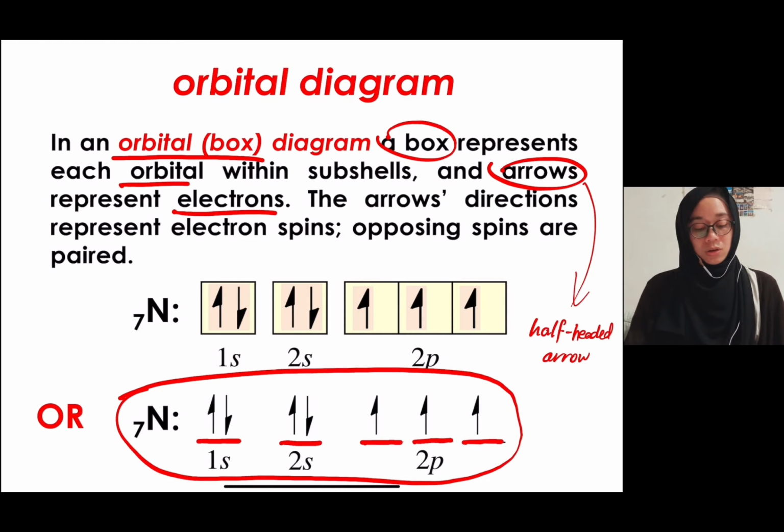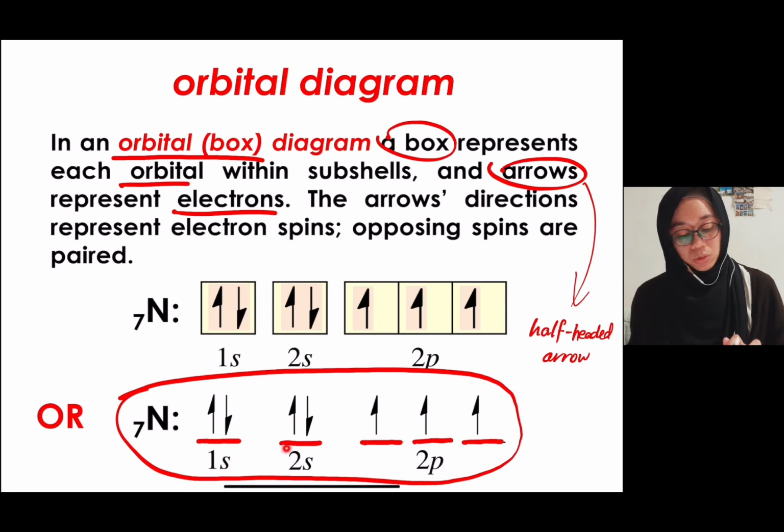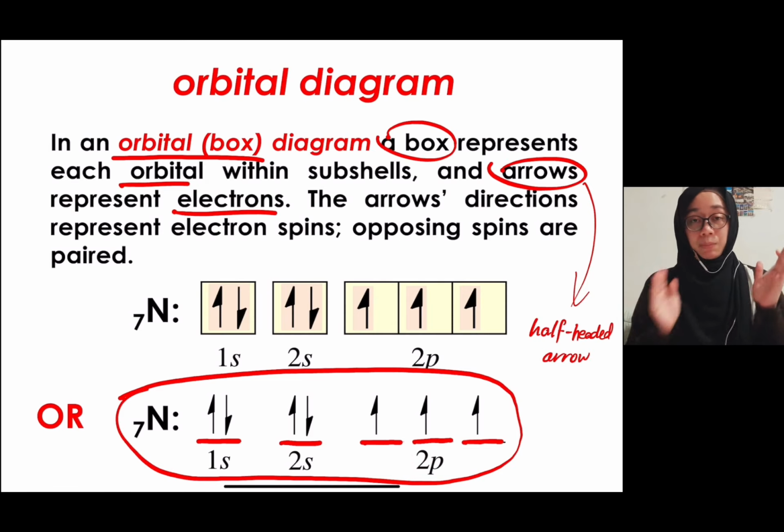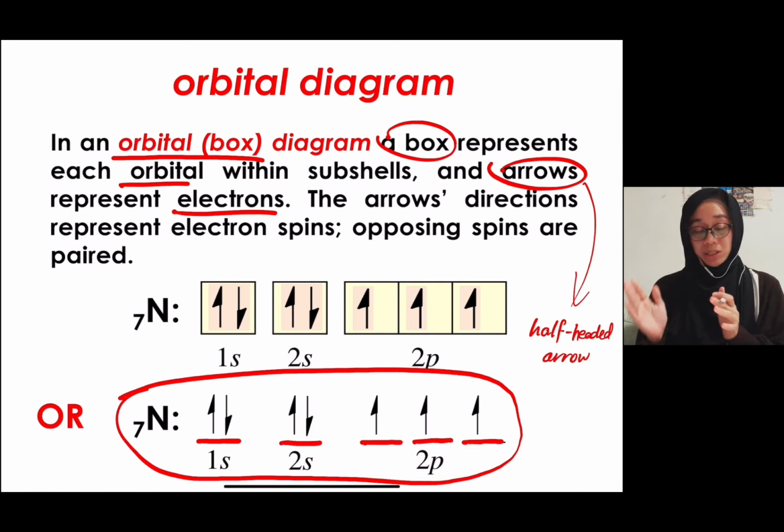Okay, so satu lagi benda Miss nak pesan kat kamu adalah dalam orbital tu, untuk setiap satu orbital tu, please letak nama orbital. So macam kalau yang kamu tengah buat adalah untuk 1s, therefore tolong letak 1s dekat bawah. Kalau kamu lukis orbital untuk 2s, so tolong tulis 2s. Dan kalau kamu buat 2p, tolong tulis 2p. Okay, and please make sure ada space in between orbitals, in between subshells tu.